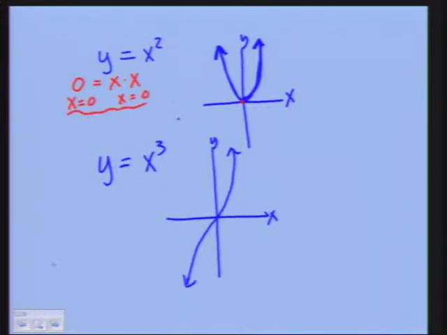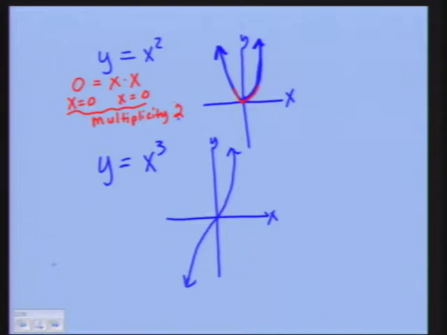So we say x equals 0 occurs twice, therefore we have multiplicity 2. And notice when we have multiplicity 2, the graph hits the axis and turns back.